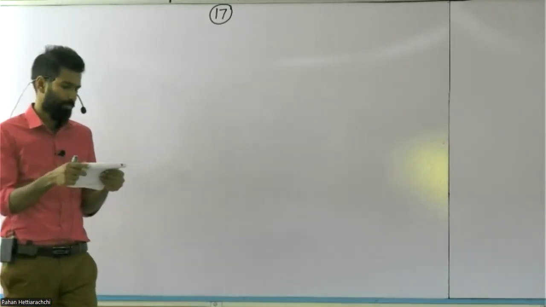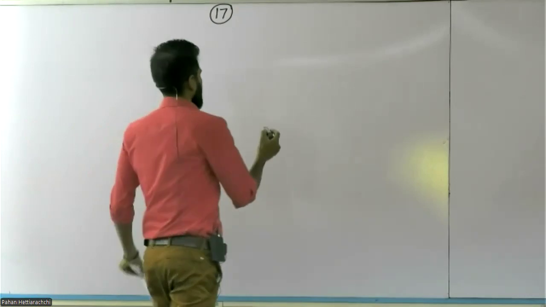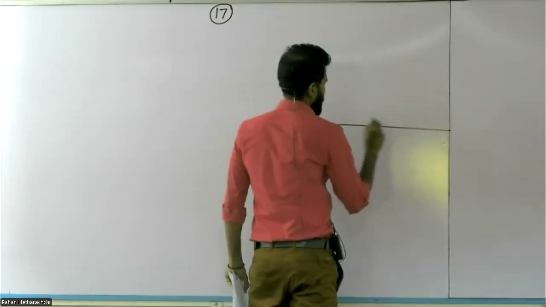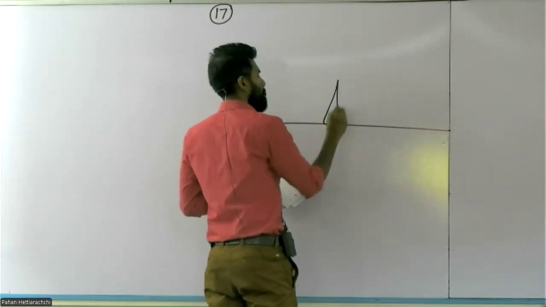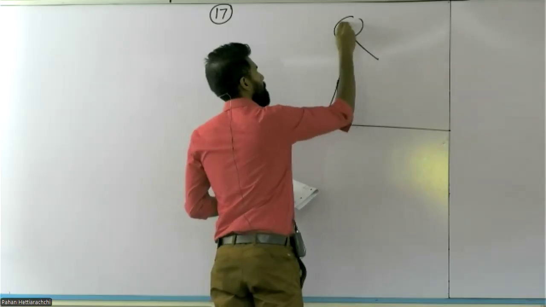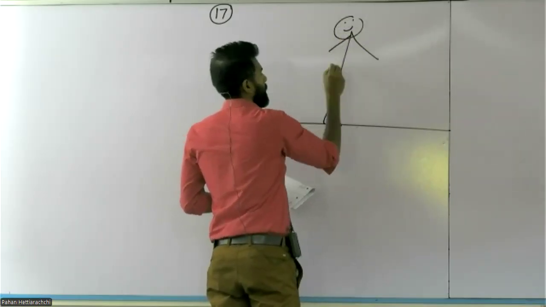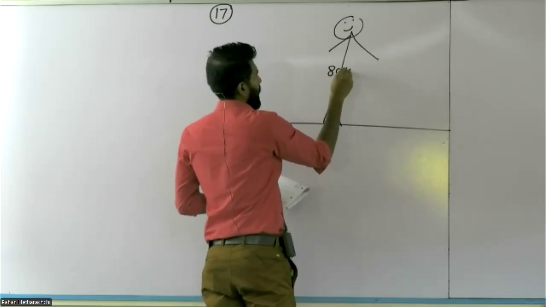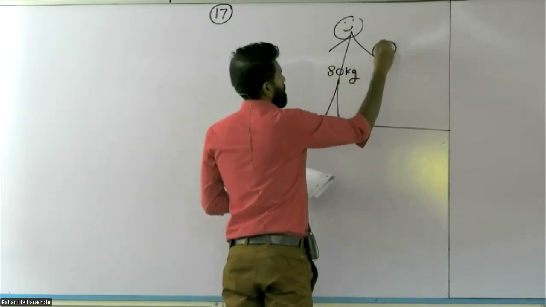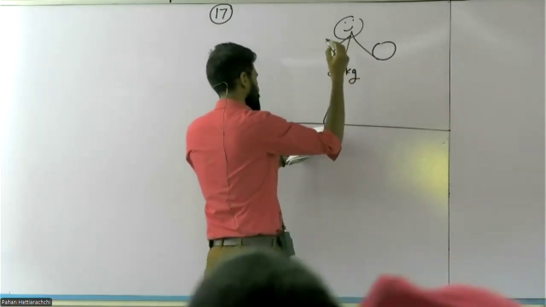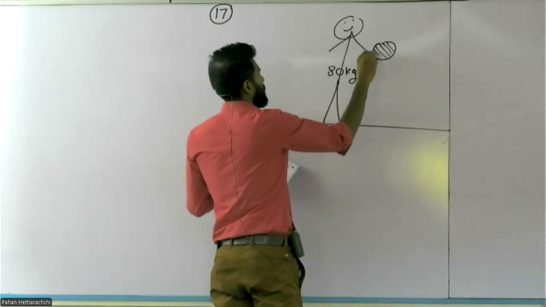Question number 17. A man of mass 80 kg is keeping a 0.2 kg stone in his hand.